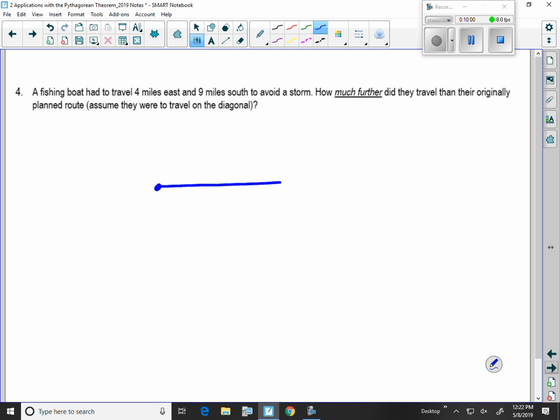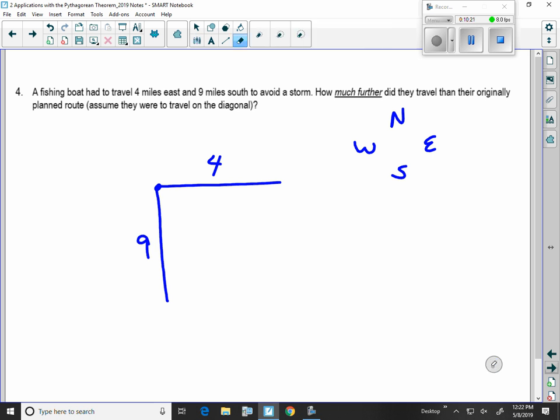You with me? Let's just make it easy. If here's our starting point, this is east, and that's 4 miles. Okay, and then 9 miles south. So if we're here, 9 miles south is here. This 4 should be a little bit shorter.